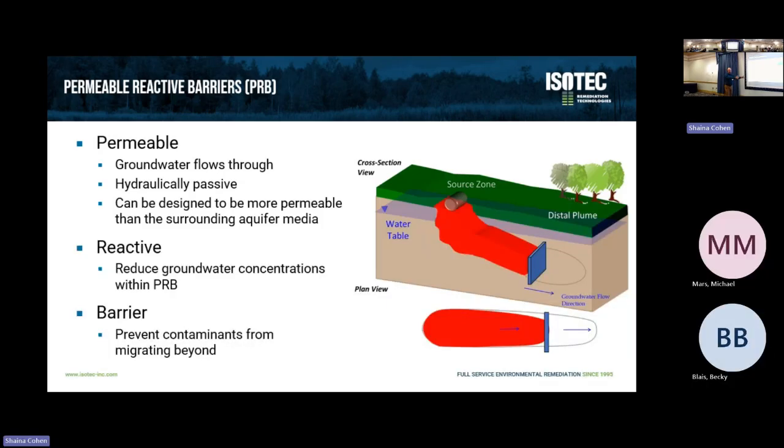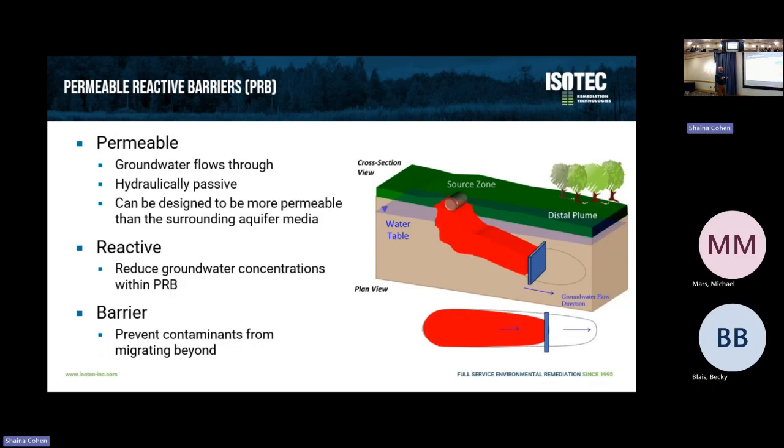If the contaminants are flowing this way, and the PRB is where I'm standing, they come in, the PRB is waiting for them, and the treatment happens within the PRB such that the cleaner groundwater continues to go down gradient. By wanting the contaminated groundwater to flow into the barrier, we want it to be as permeable, if not more permeable, than the surrounding soil itself.